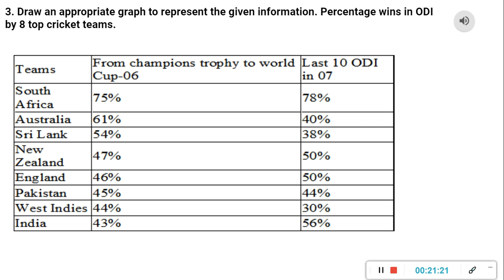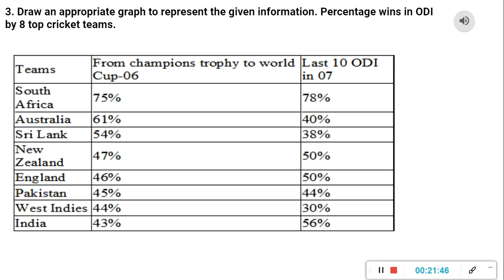South Africa 75 percent, and 78 percent, Australia 61 and 47, Sri Lanka 54 and 38, New Zealand 47 and 50 percent, England 46 and 50 percent, Pakistan 45 and 44, West Indies 44 and 30, and India 43 and 56.